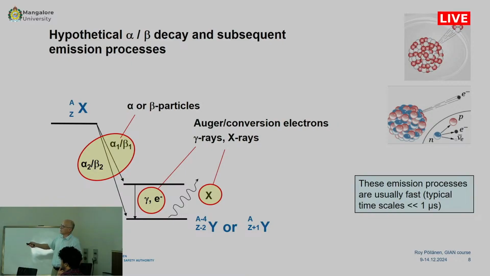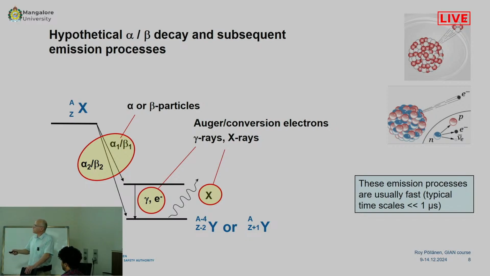So, what happens? We have a nuclide to be decayed, nuclide X here in this case. It decays via alpha or beta or some other decay process. And here, for example, this alpha or beta can go to the ground level state.